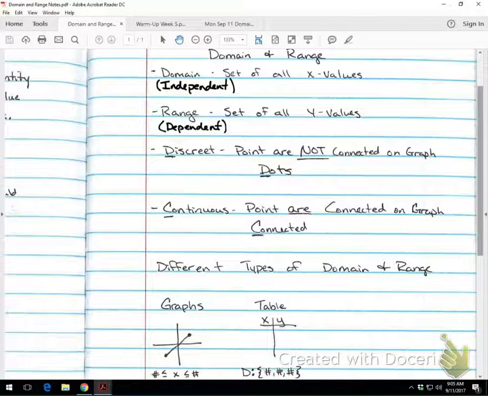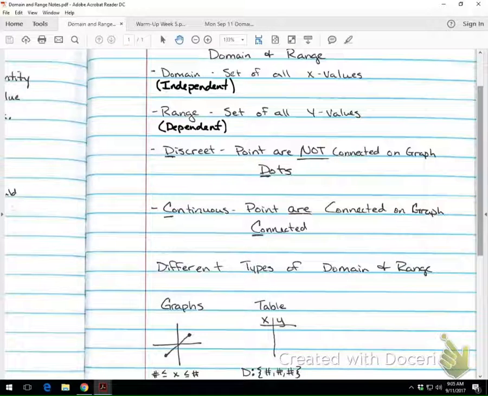It's either this number or this number. Whereas continuous means there is an in between. Like weight. You don't go from weighing 70 pounds and all of a sudden, boom, in a split second you're 120. It doesn't work that way. You go 70, 71, 72, 73, all the way up. There's an in between.